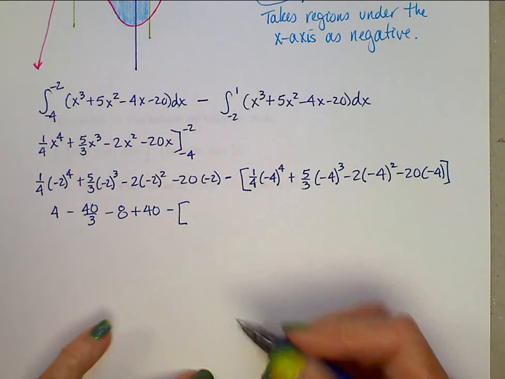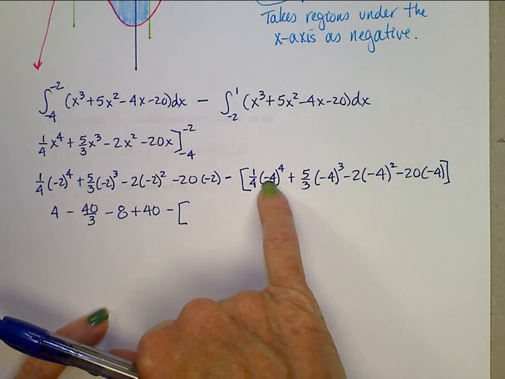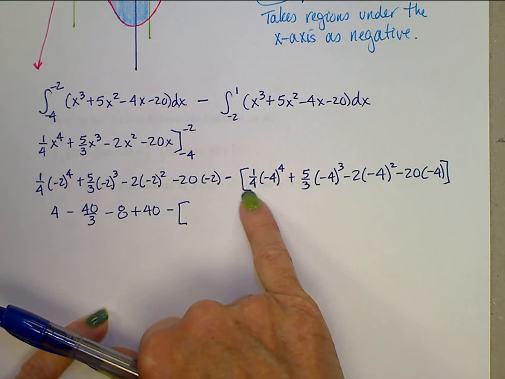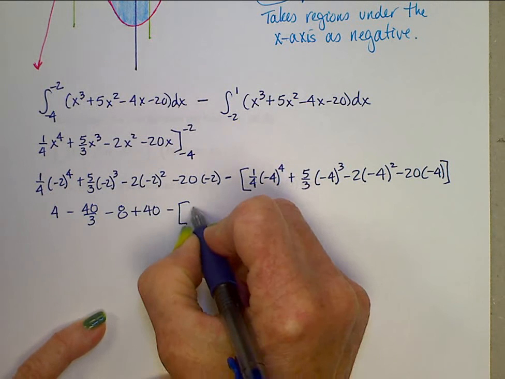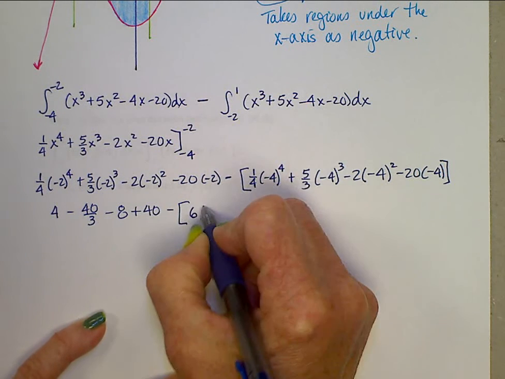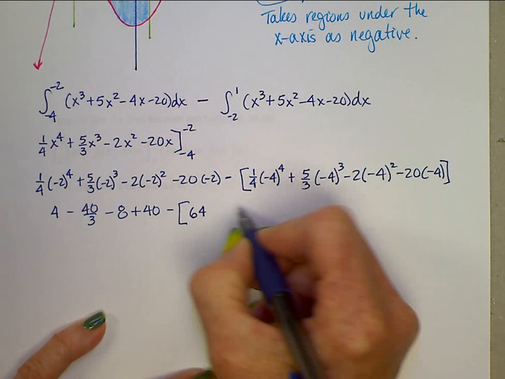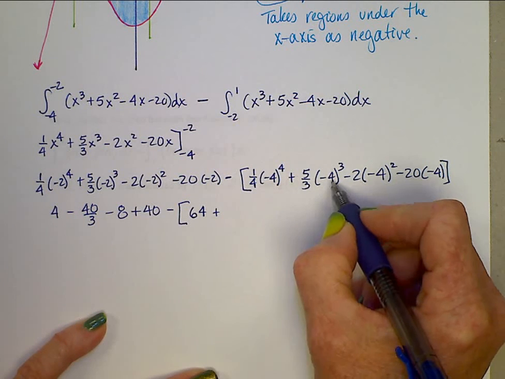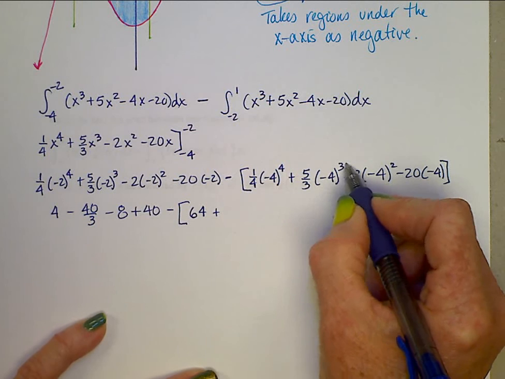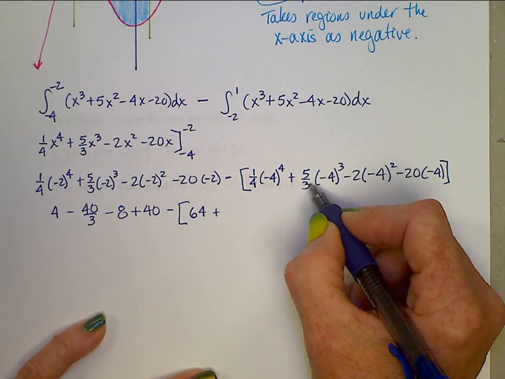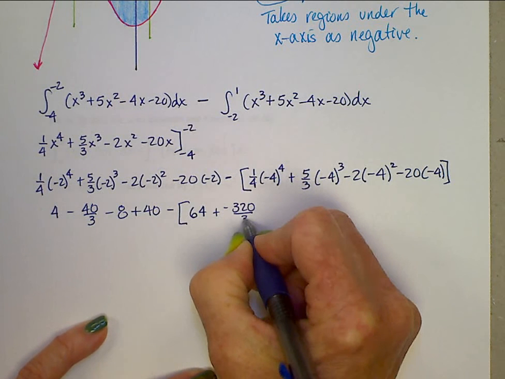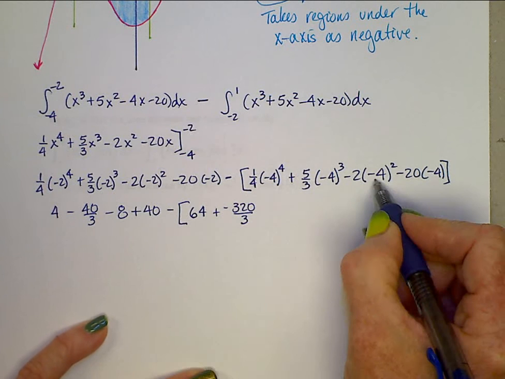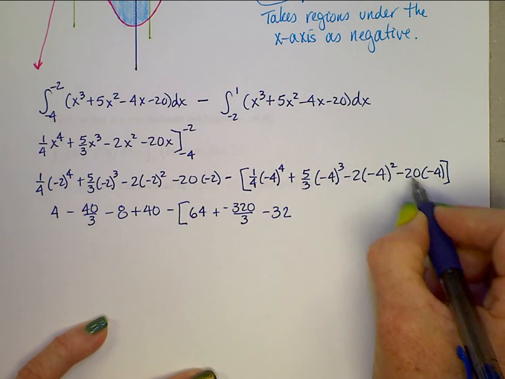Subtracting over here, I'm going to take one of these 4's in here that's negative 4 to the 4th and cancel out this one down here. That will come out to be a positive 4 cubed, so 64, plus, and then this negative 4 cubed, that's a negative 64 times 5/3. 64 times 5 is 320, so negative 320 over 3. 16 times, so minus 32, and then plus an 80.